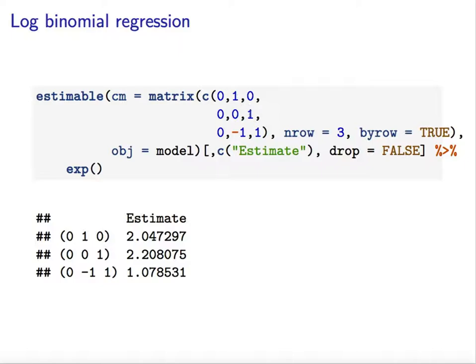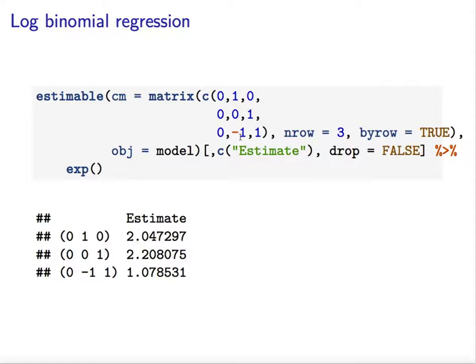And here we're asking for beta 2, and that will be the relative risk ratio comparing grade 3 tumors to grade 1 tumors. And then again, we have the contrast that we just calculated, 0, -1, 1, to calculate the relative risk ratio comparing grade 3 tumors to grade 2 tumors.